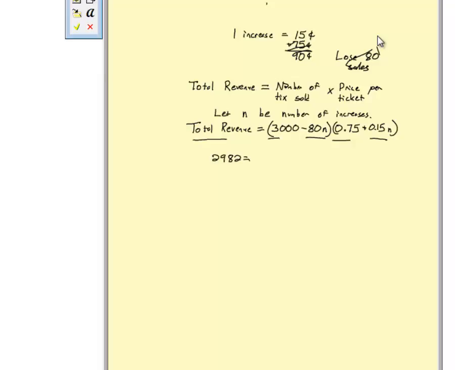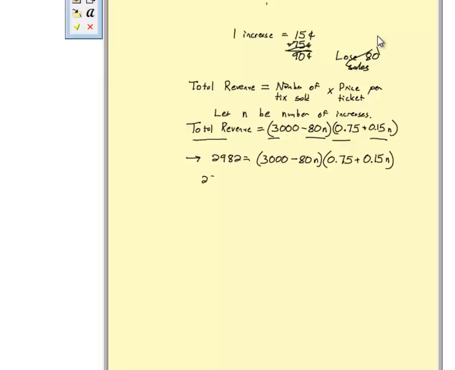So there's our equation. 2,982 is equal to (3,000 minus 80N) times (0.75 plus 0.15N). There's our quadratic. That's what we need to solve. Now we can clean that up a little bit.